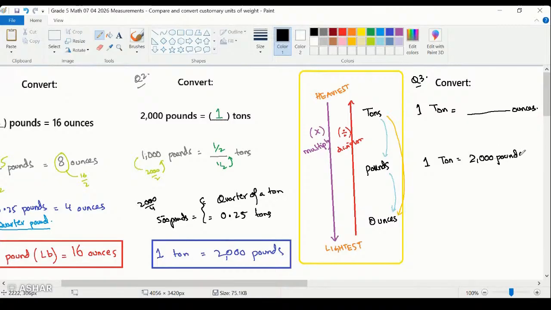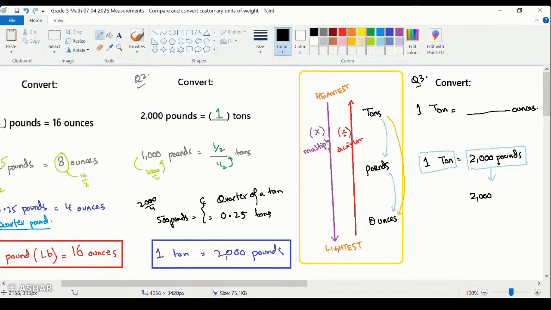We did the first step of conversion. Now from 1 ton, we have this value, 2,000 pounds. Now let's try to convert 2,000 pounds. That means 2,000.